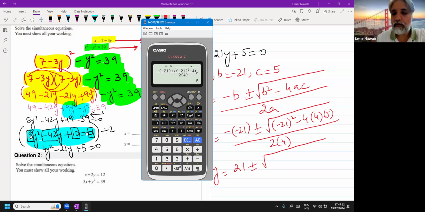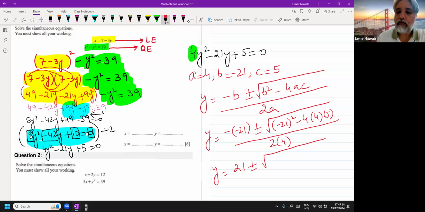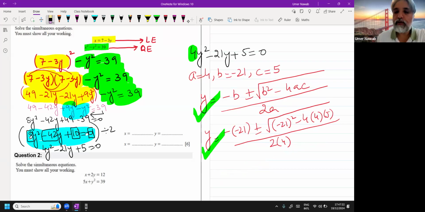So let's check what the answer comes. 5. Wow, wonderful. So you just need to show the correct formula and substitution. After that, you can write the answer directly that, Mr. Omar, I'm going to get y equals 5.